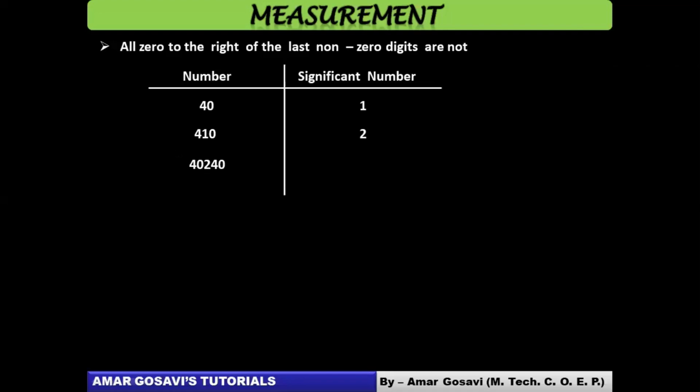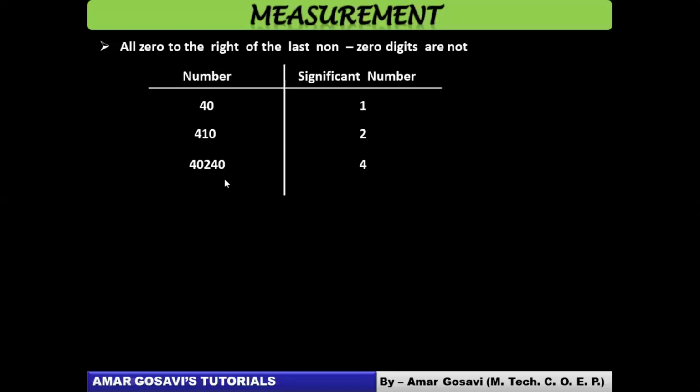Let's see how many of you can depict which 0 is significant and which 0 is not significant. Come on, tell me. 4 significant numbers. Exactly. That means the 0 between 4 and 2 is significant, but the 0 after this 4 is not significant. So yes, the answer is 4.